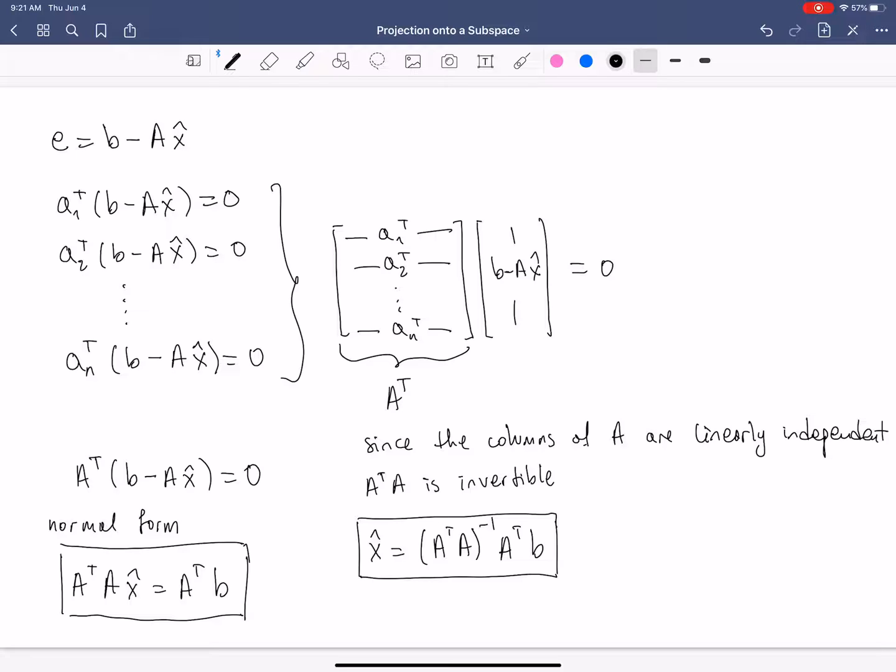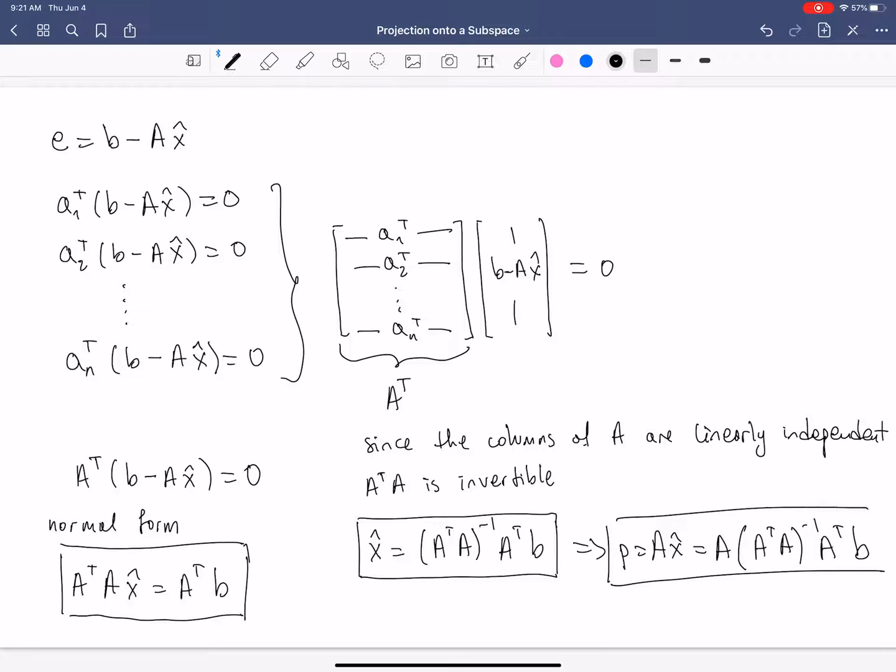Now from here, if you recall, the projection was given by A X hat. So I just multiply by A and I get A times (A transpose A) inverse times A transpose B. And this is quite similar to what we had in the one-dimensional case. If you recall, when we were projecting onto one line, the projection looked like this.